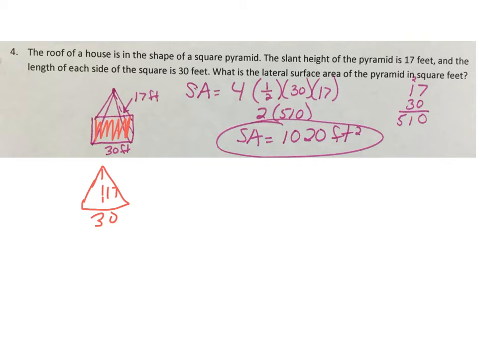So your formula is 1/2 times 30 times 17, and there are 4 of them. Left side, right side, back, and front. And you get 1,020 square feet. On this one, I gave you credit as long as I saw this work, and you did not add anything but 900 to it, because that bottom is 900, that base. So if you added 900 to it, I understood. If you added something else to it, it was wrong.